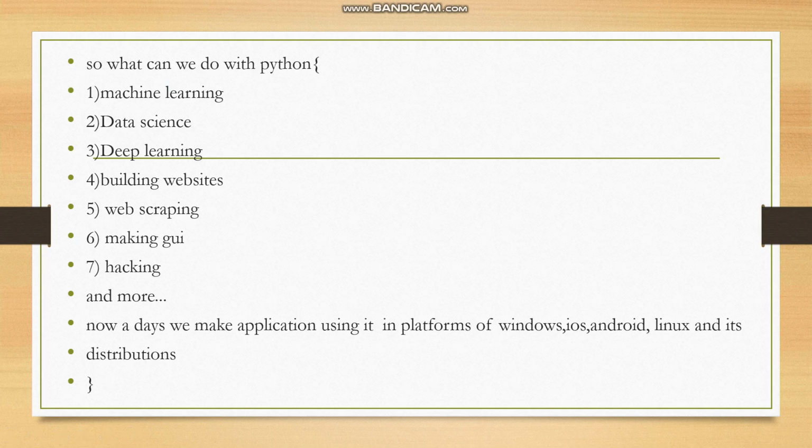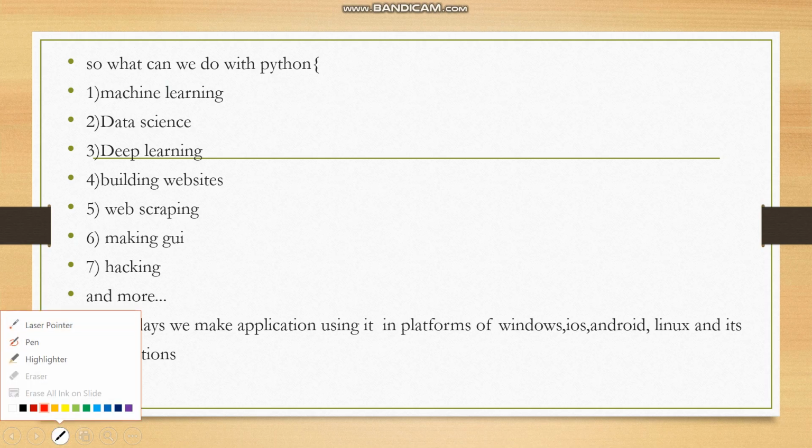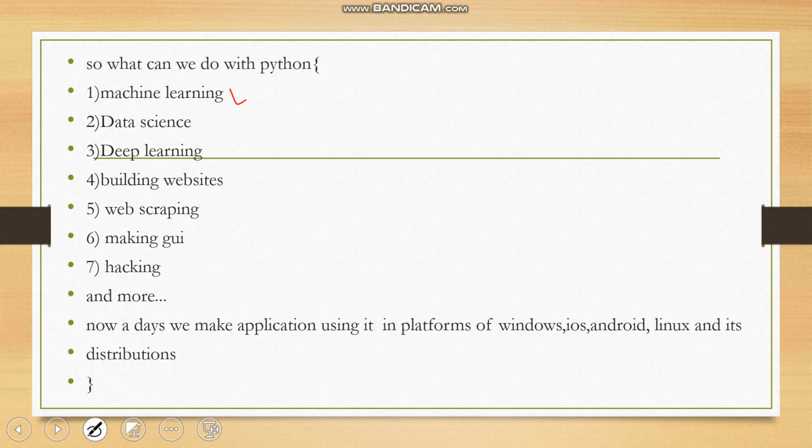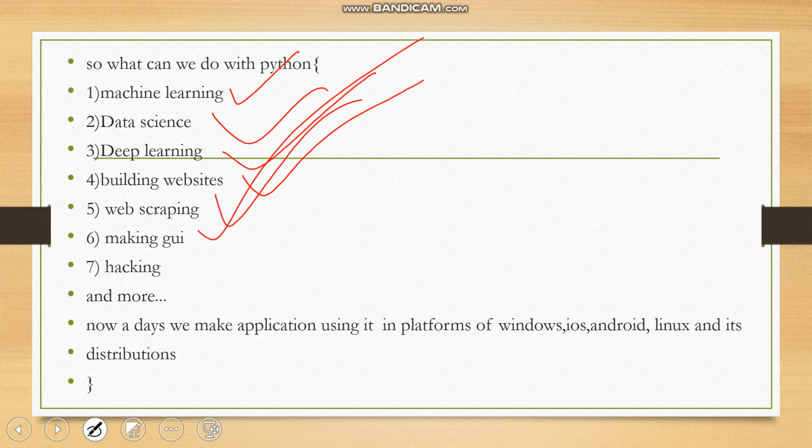So why only Python? Python, because we can do many things in Python. First, we can do machine learning, data science, deep learning, building websites, web scraping, making GUIs, hacking.